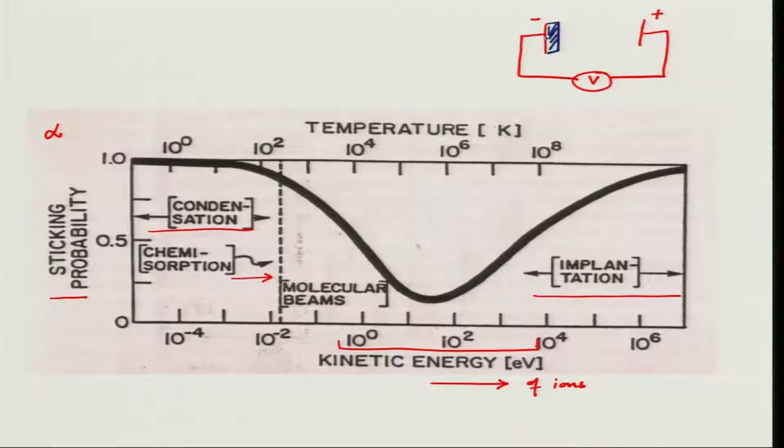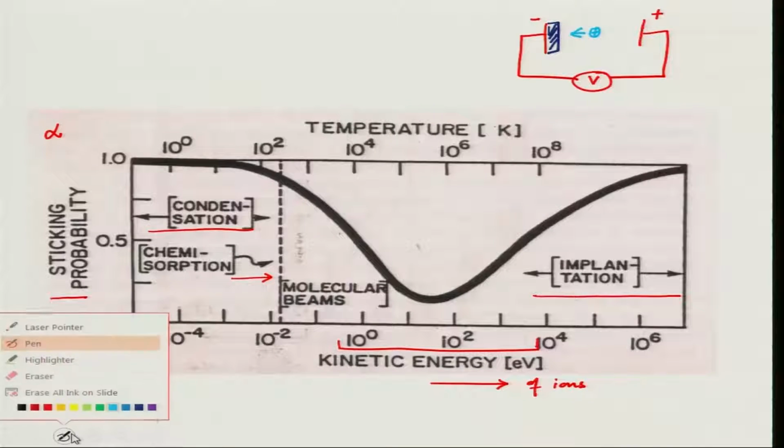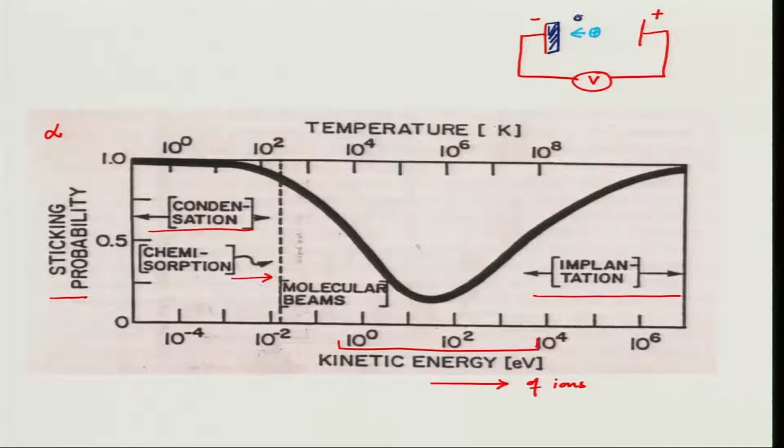Positively charged ions are accelerated towards this, and result in sputtering of these atoms from the target, and we can keep our substrate at any place where they will reach and form a thin film. And we have a plasma here in between these two electrodes.